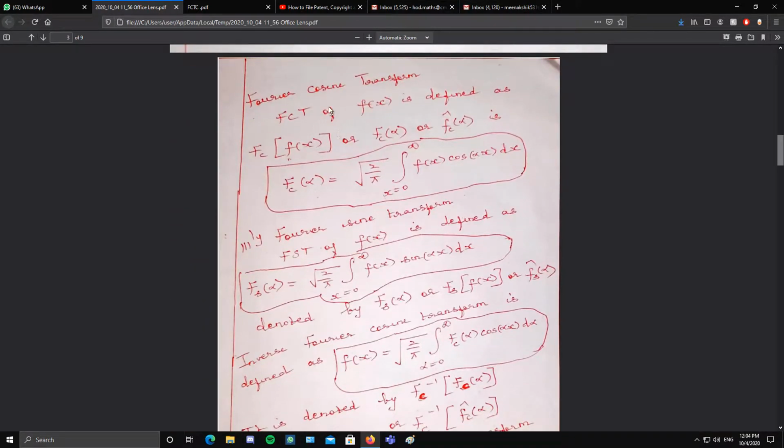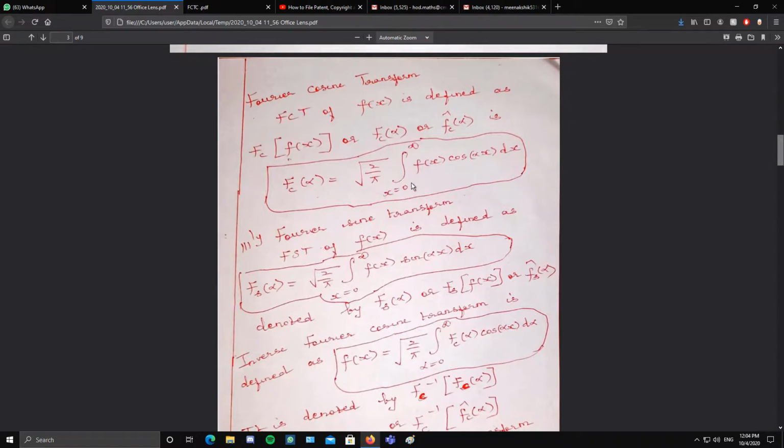Now we have the definition of cosine transform. Cosine transform is defined as Fc of f of x, or Fc of alpha, or Fc cap of alpha, as root of 2 by pi integral 0 to infinity f of x cos alpha x dx. So in place of F of alpha, here you have Fc of alpha and you have cos alpha x.